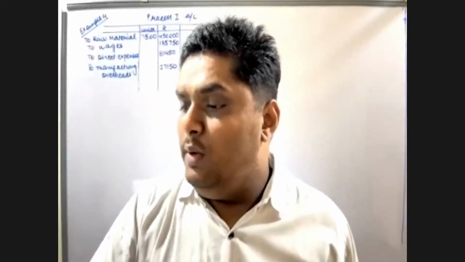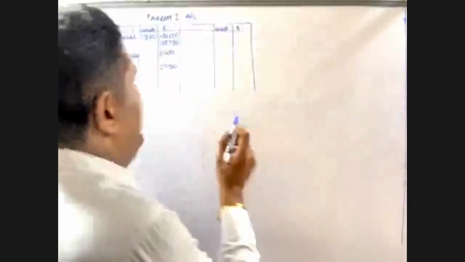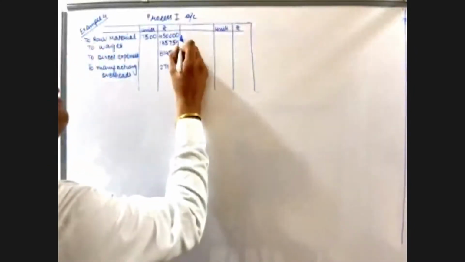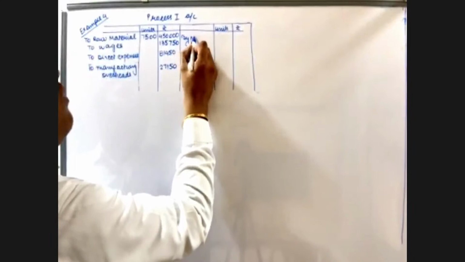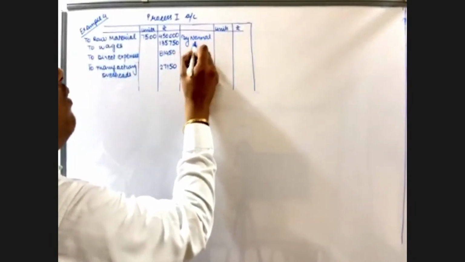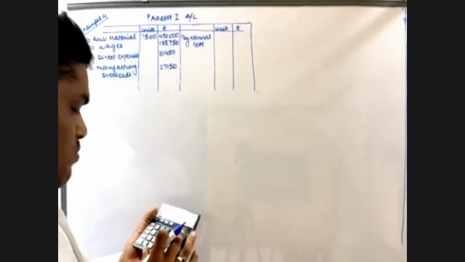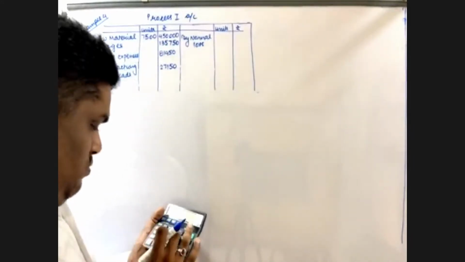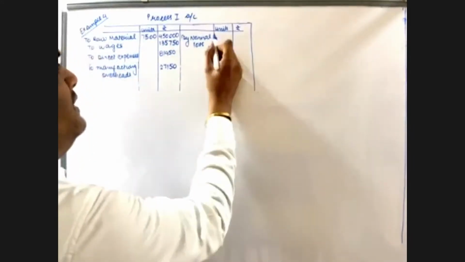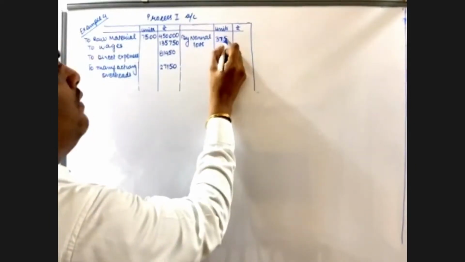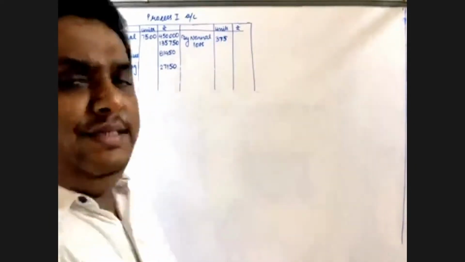Now the information is given in the question as regards the normal loss, and it is 5% of input. That is 375 units, and these units can be sold in the market at the rate of 12.5 per unit.